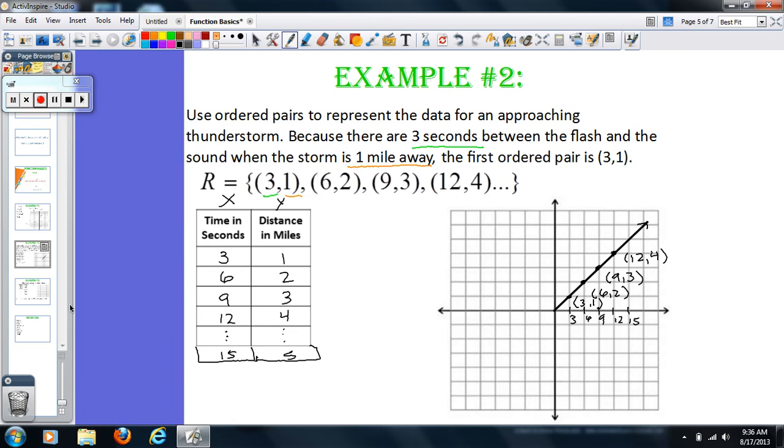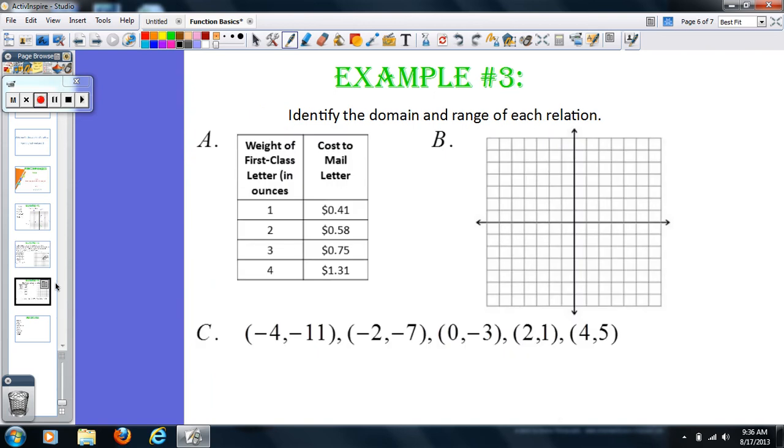So now we're filling in a table, and we're also plotting some points on example number 2. Example number 3 is going to bring us to our next 2 definitions. The first one is what we call a domain, and the second one is what we call the range. Now, this is going to directly tie into the x coordinate, the y coordinate, as well as the input and the output.